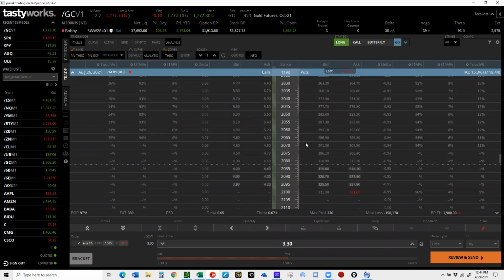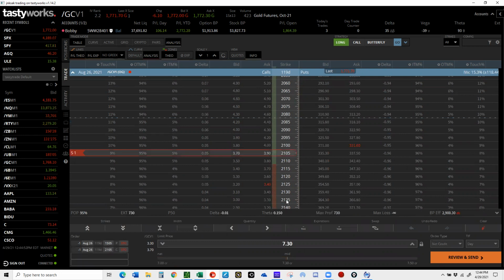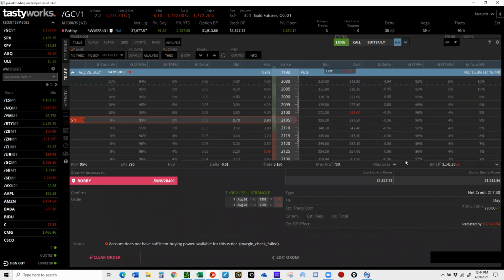There we go. So we sell that one, right? So I brought in $1,200. If we were to do this trade, this one is trading for 730, right? So what you do is theoretically, and this is just the back of the envelope, figuring out how much money I could make in 30 days.